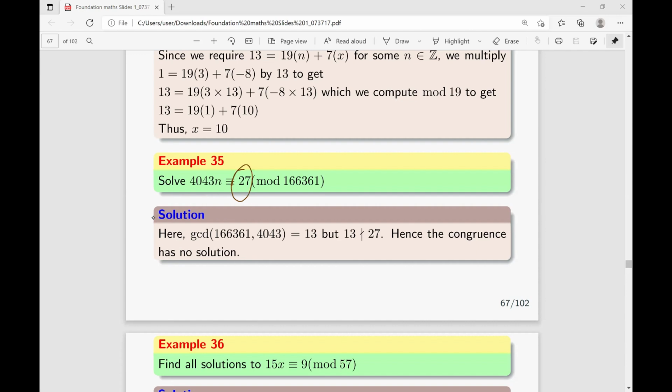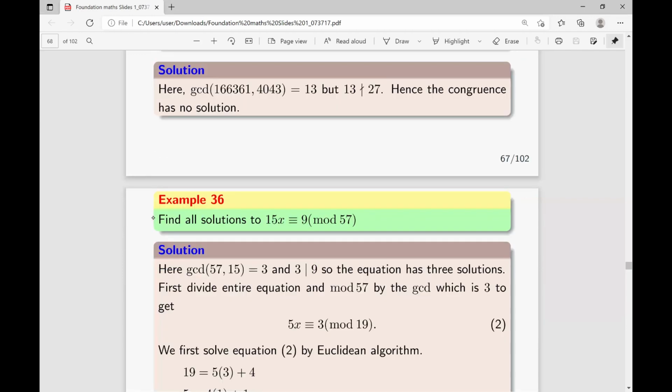When I did the GCD, I found it to be 13. And of course, 13 cannot divide 27. Therefore, this equation has no solution. That's the end of that. So we then proceed to the next question, because this one we found that we don't need to solve it. We cannot get a solution to it.